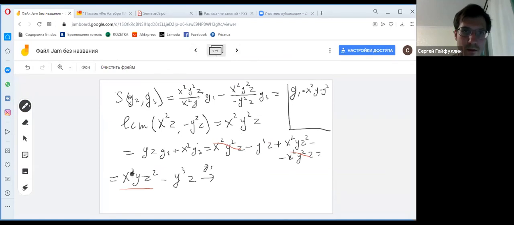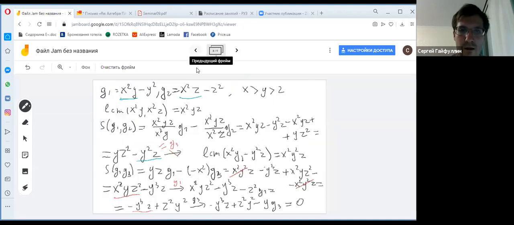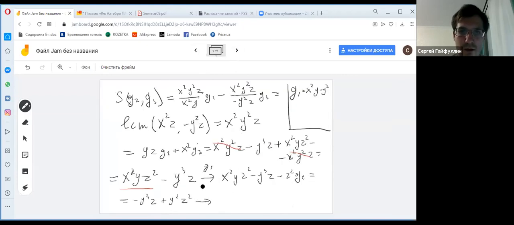And I should say that it is x squared y z squared minus y squared z, plus minus z squared multiplied by g1, and this is equal to minus y cubed z plus y squared z squared, and it is divisible by g3, so it can be reduced by G3 to 0.